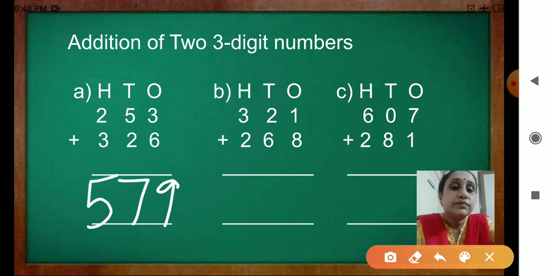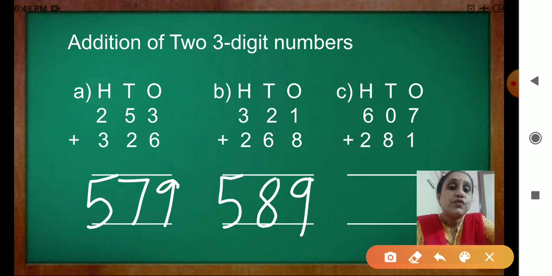Finished? Now the next one, 321 plus 268. Plus sign, okay? Don't forget to put it. 1 plus 8, 9, 2 plus 6, 8, and 3 plus 2, 5.